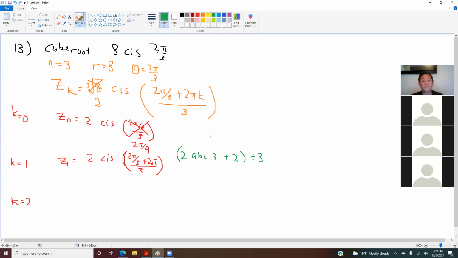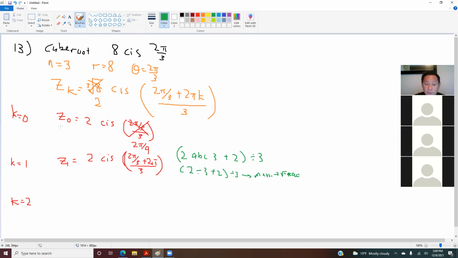You will get a fraction. For those using your graphing calculators, you just take parentheses 2 divided by 3 plus 2 divided by 3, and then you do the math fraction, go to the fraction, and you get your answer in this case. So it's mostly a lot of calculators, a lot of fractions here.